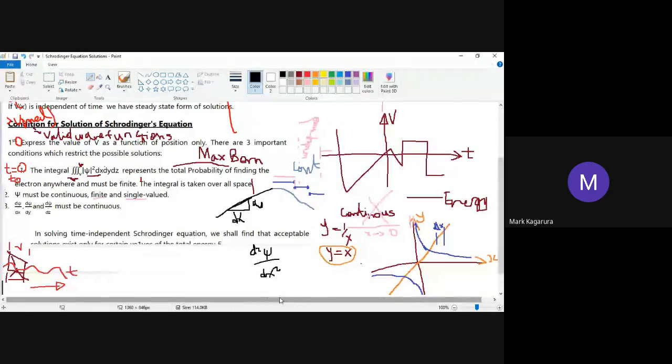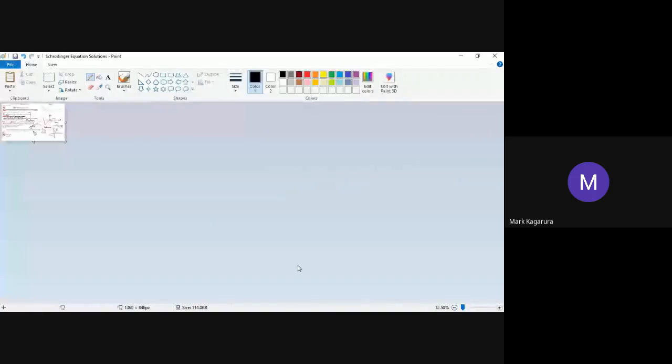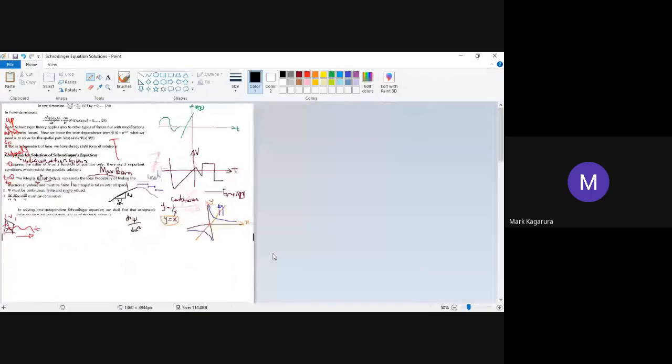I need to scroll down. Zoom out and then just do it once.